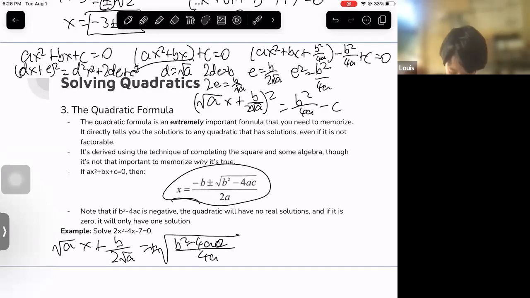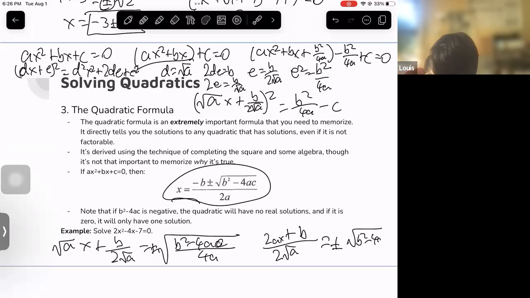So this will give us 2ax plus b over 2 root a equals plus minus the square root of b squared minus 4ac over 2 root a.